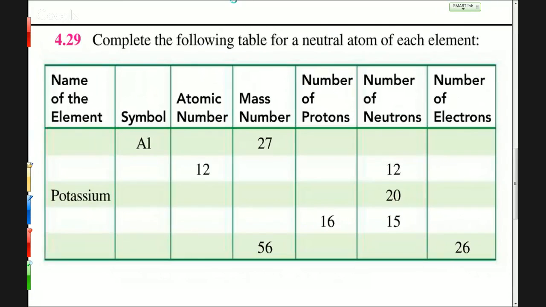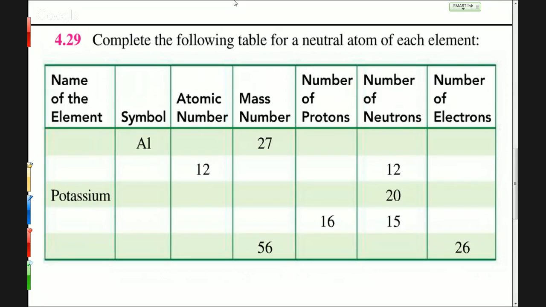This is: complete the following table for a neutral atom of each element. That is, if you had a neutral atom, some of the numbers are given. Enough is given here that you can figure it out, and then you should be able to fill in the rest.